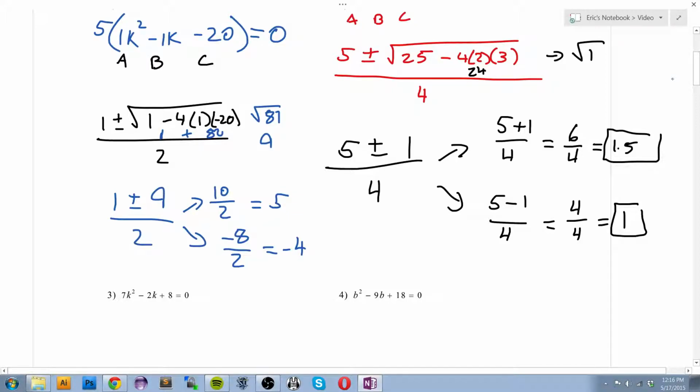If you just want to do plug and chug, which I get, sometimes you just kind of want to turn your brain off and just go through it, that option is still available to you, but by pre-factoring it, you might spare yourself an unnecessary headache with much larger numbers.